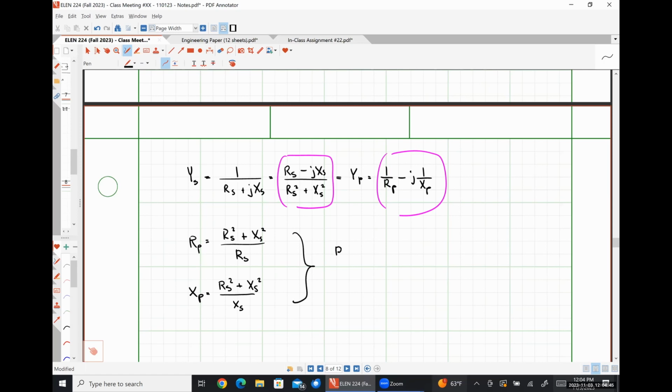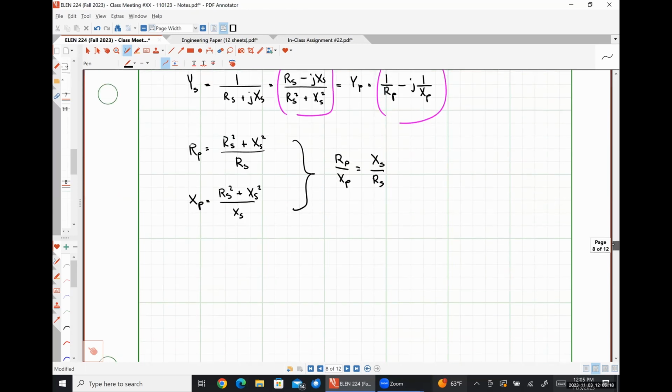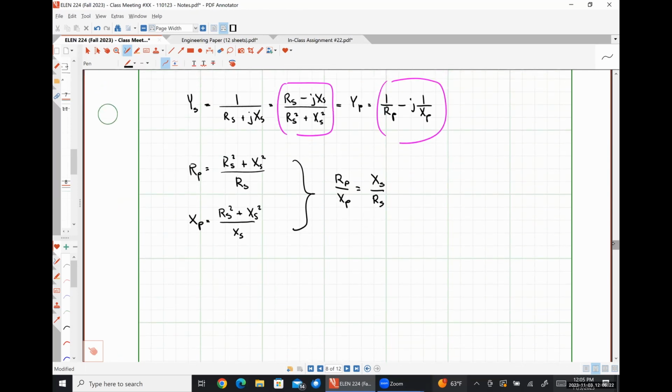If we were to get the ratio of RP over XP, we could see hopefully very easily that this just comes out to X sub S over R sub S. And this can be simplified such that R sub P could be expressed as R sub S times 1 plus our quality factor squared.